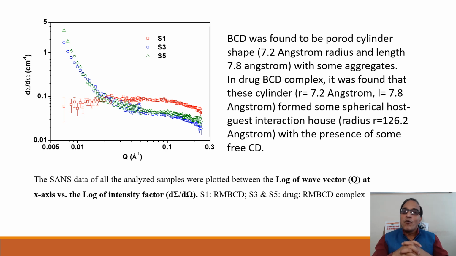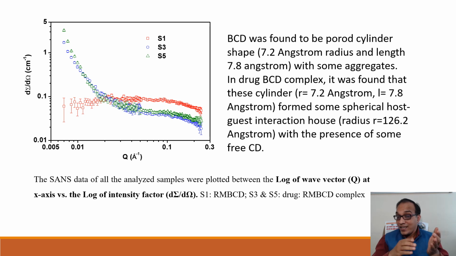What we concluded is that when preparing cyclodextrin complexes, there is a utmost problem: FTIR doesn't give much information, and NMR is very typical to interpret, and many times the results are messy. So to be very precise about what is happening between the drug and cyclodextrin, we wanted to go for SANS, and we were lucky enough to get the opportunity to work with the top scientists of India.